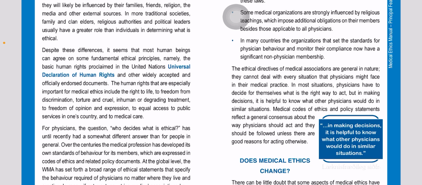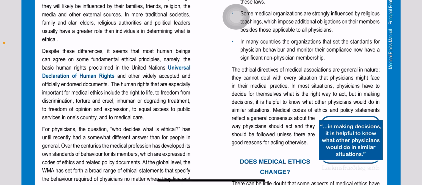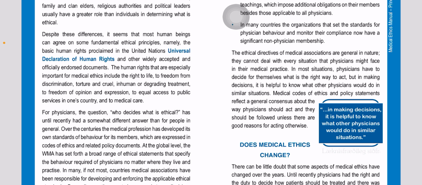These are fundamental principles which are common in our countries and widely accepted and officially endorsed by many medical organizations.